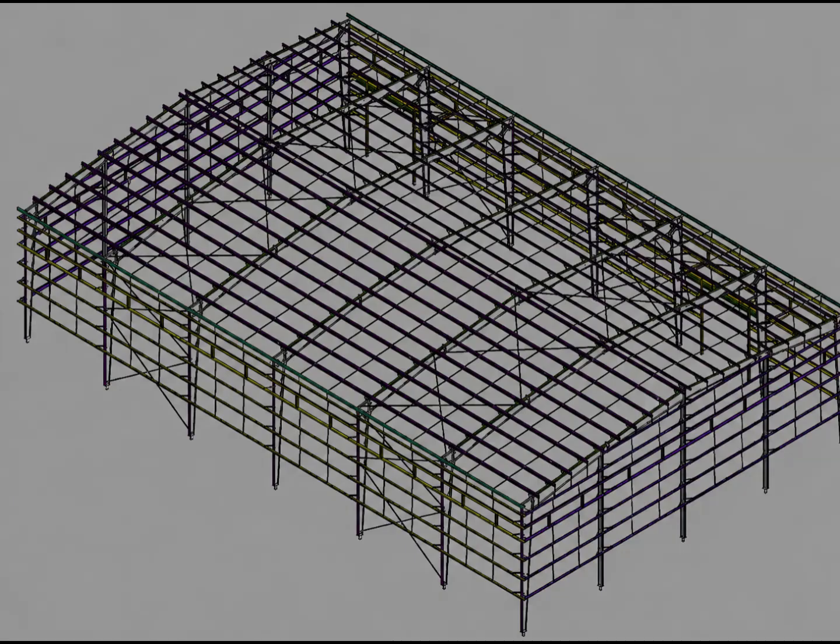Fifth, trace the member in the 3D model. Sixth, inspect the connection or support condition. And finally, compare the 3D arrangement back against the drawing. This creates a continuous connection between drawing, model, and detailing.